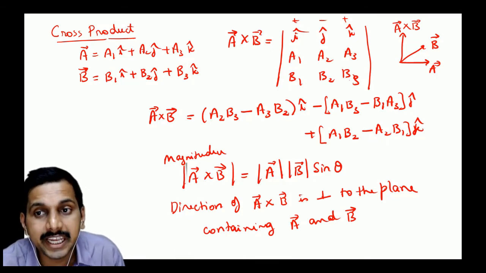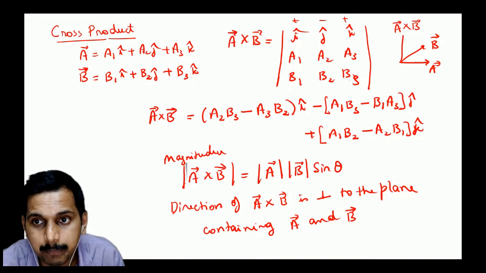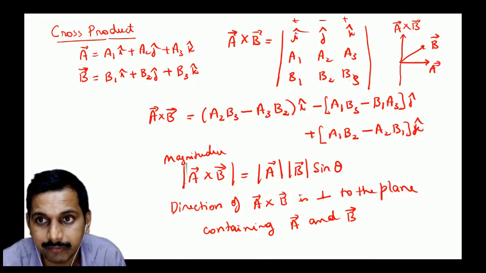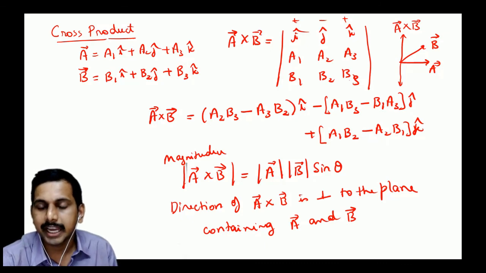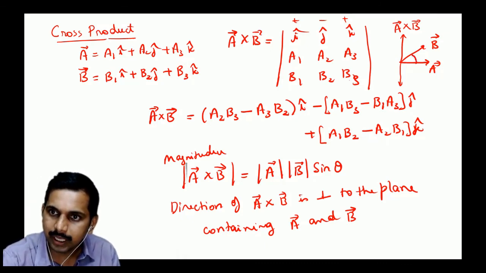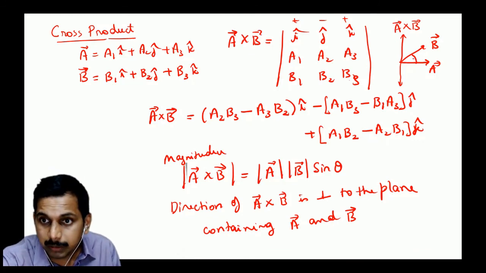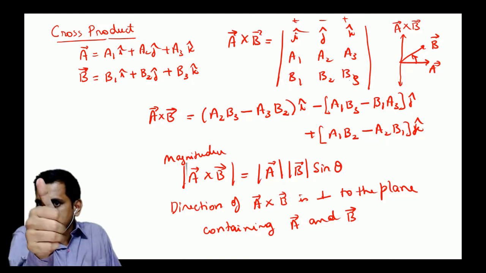But which direction? Very important. Whether it goes up or comes down is important. Which is the direction of A cross B? If I go from A to B like this, then I have to use the right hand rule, students.